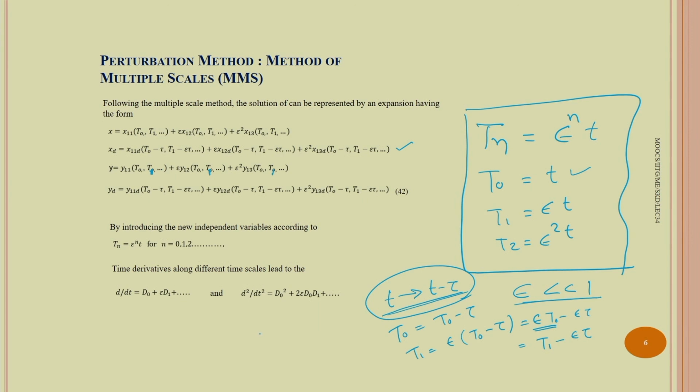Similarly, for T2 we have epsilon squared times T0 minus tau. Epsilon squared T0 is nothing but T2, so it will be T2 minus epsilon squared tau.